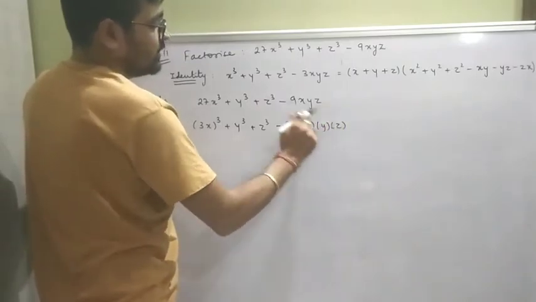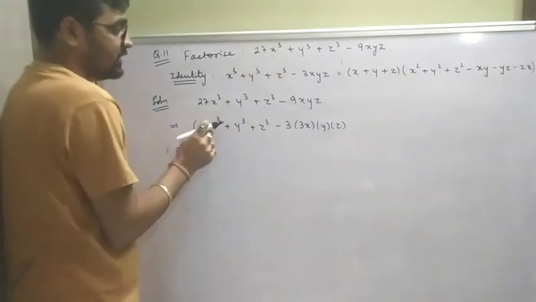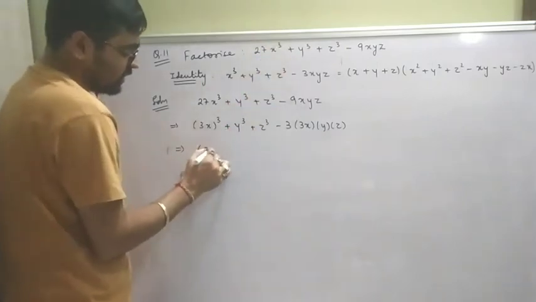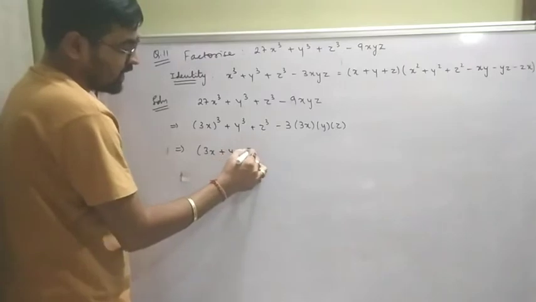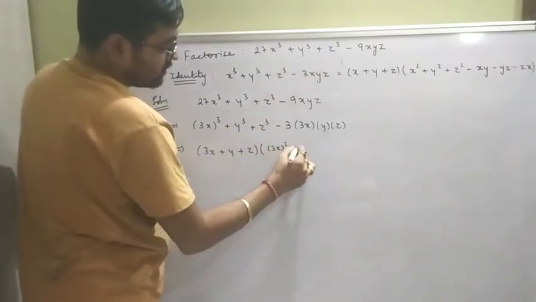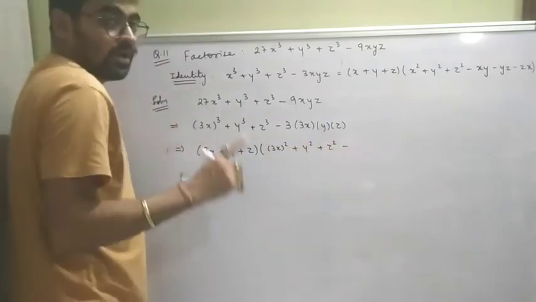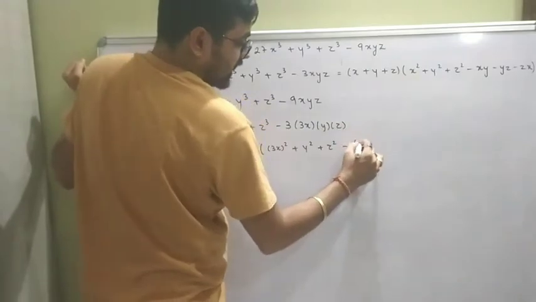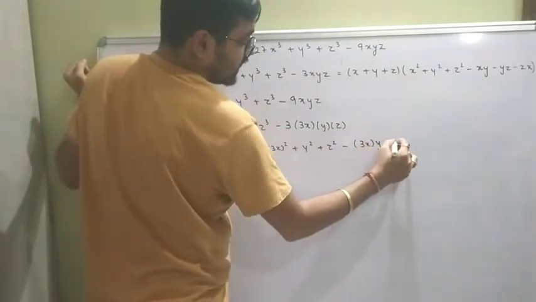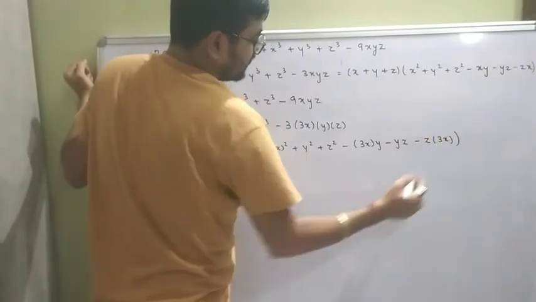You can check, this becomes 9xyz. So simply put on the right hand side, instead of x it is 3x. So it becomes 3x plus y plus z, then it is 3x whole square plus y square plus z square minus, in place of x, 3x into y minus y into z minus z into 3x.